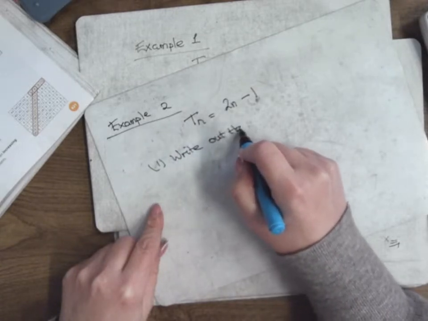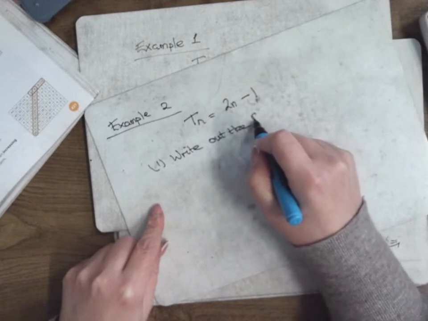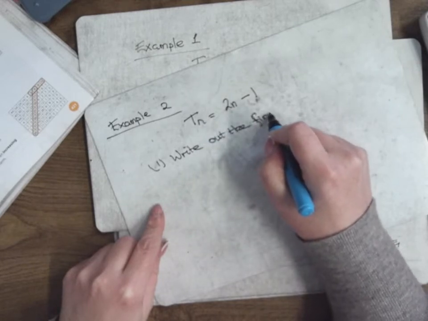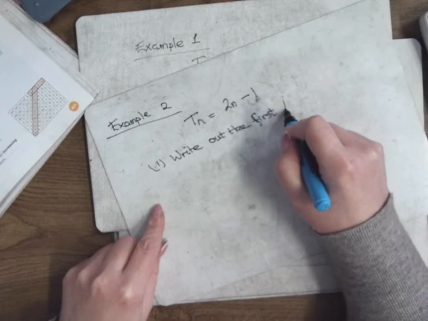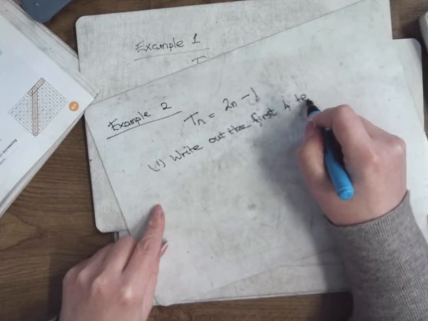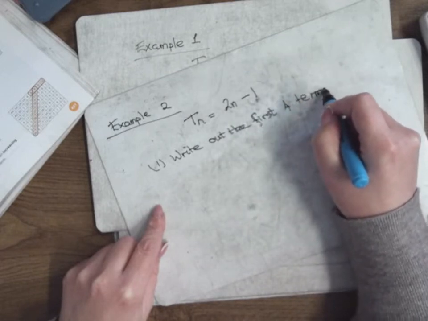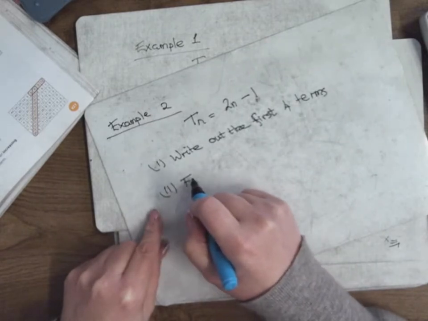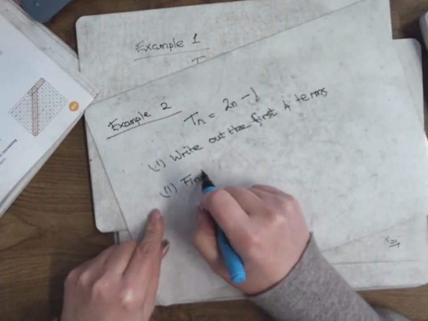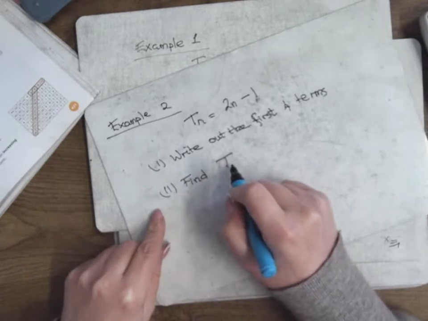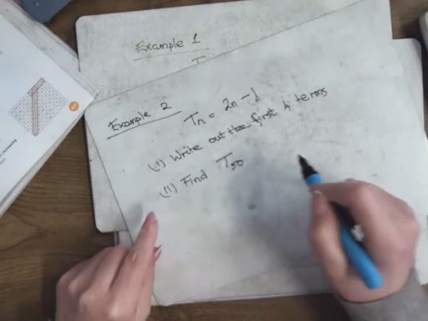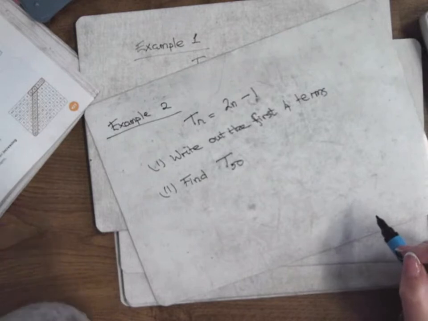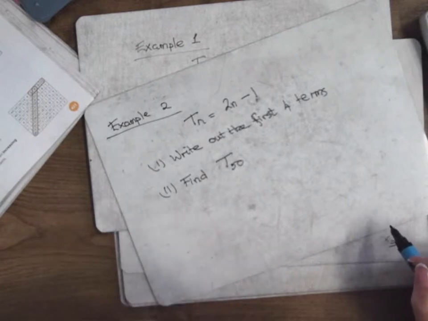The first 4 terms, and then we'll go find T50. So what does T50 mean? Term number 50. So if you were to write out the list for 50 numbers, what will the 50th number be?